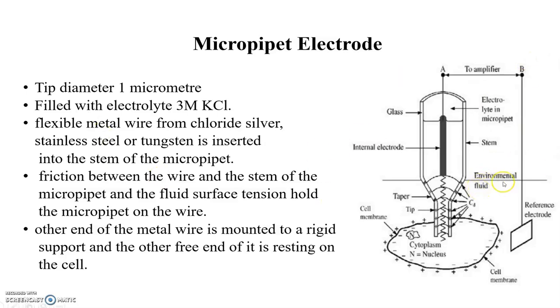The friction between the wire and the stem of the micropipette, and the fluid surface tension, hold the micropipette on the wire. The other end of the metal wire is mounted to a rigid support, and the other free end rests on the cell. This is the reference electrode. Here you have to measure the final potential, so this end is connected to your device.